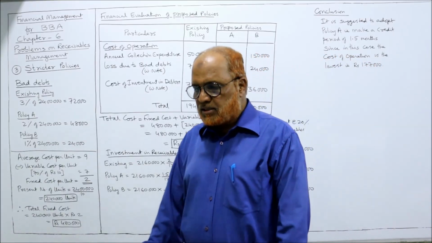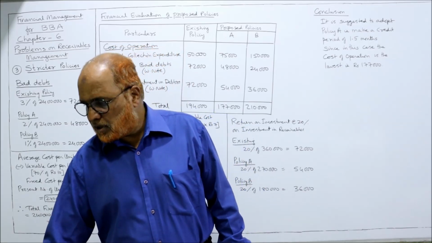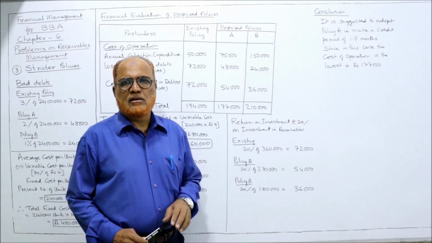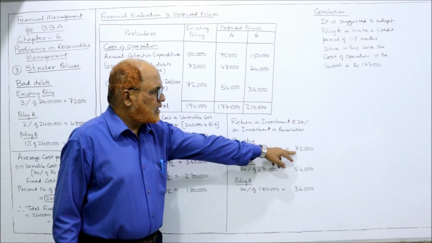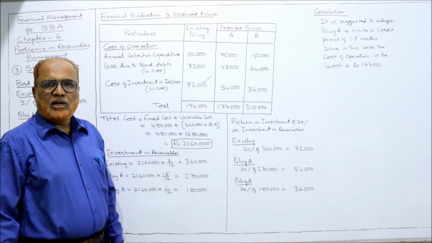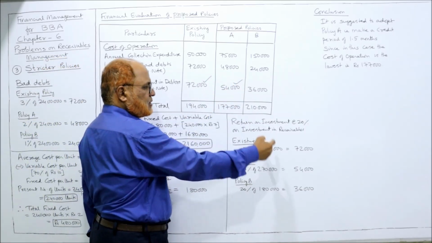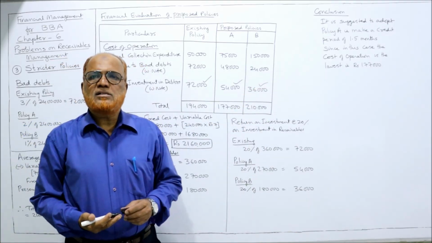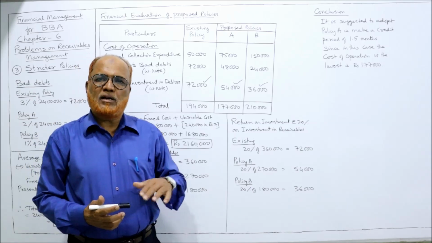So we have calculated what the cost of investment in debtors. 72,000. Here I have taken 72,000. In A policy, 54,000. In B policy, 36,000. That's all. These are the 3 costs incurred.